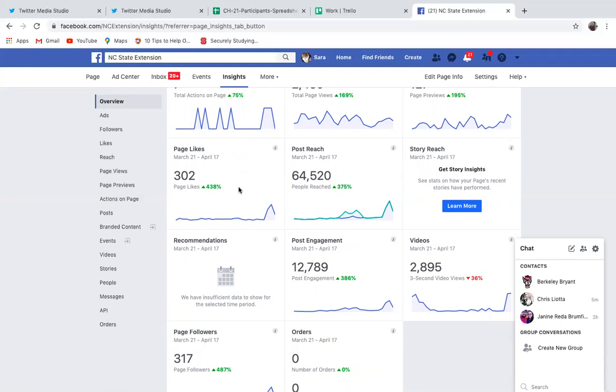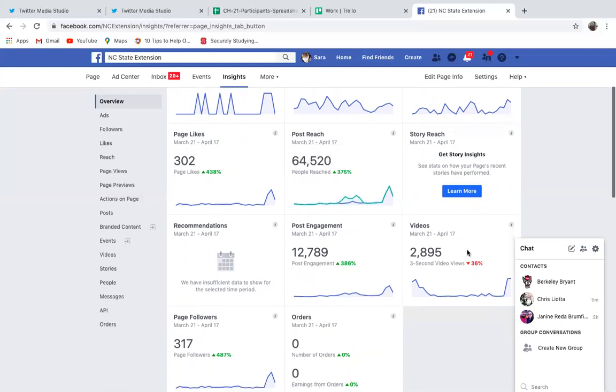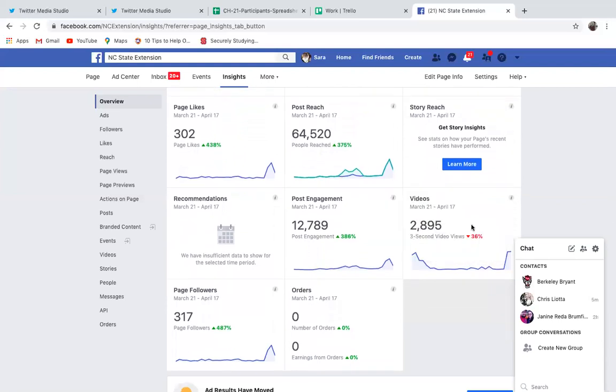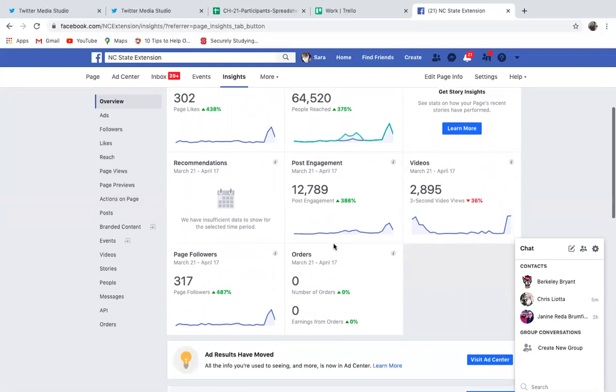So whether they're responding with Facebook uses something called reactions, so it can be like a like, a sad face, a heart face, etc. And then videos. So this is looking at the number of 3-second video views, which is the default for what Facebook considers a view. So you can see with video views, we're actually down 36%.